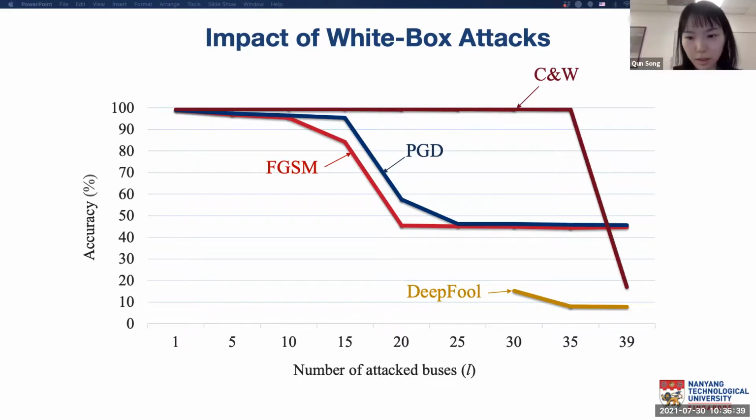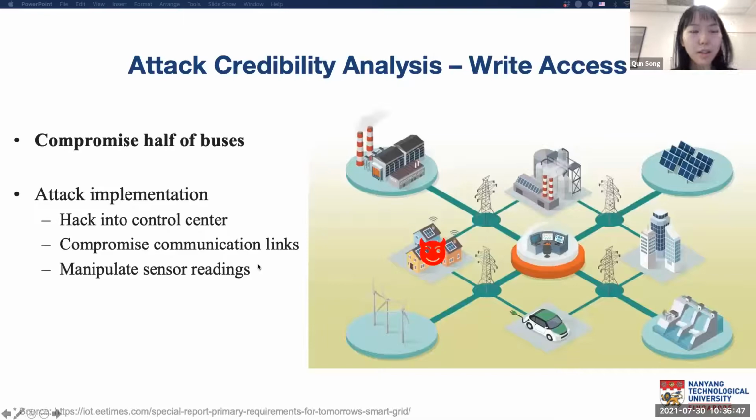Actually, I think it's not difficult to conduct adversarial attack in this real system, because you can see from this slide we have 3 possible ways to conduct the attack.